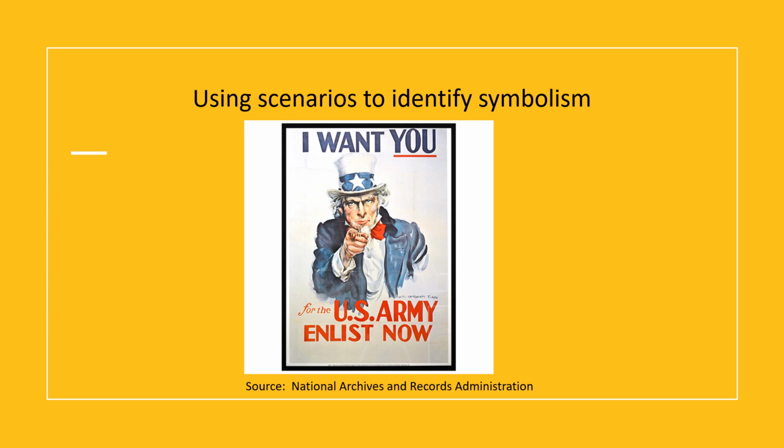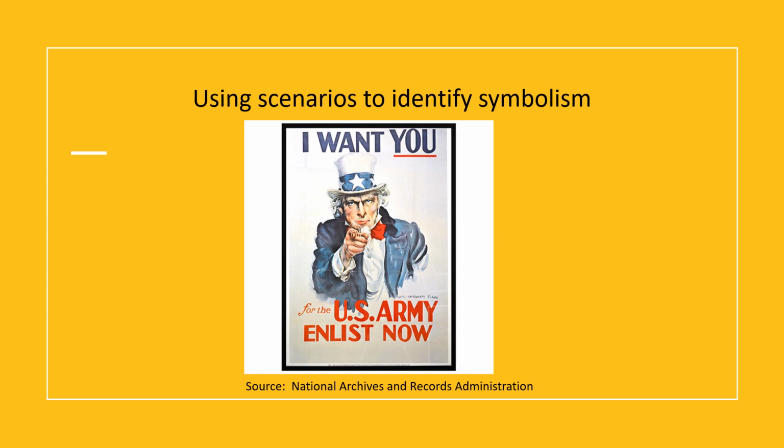Next, we look at a political poster that many of us might have seen before, and we're going to focus attention on using scenarios to identify symbolism. So we'll be looking for symbols in this poster. So let's focus on the colors that this person is wearing.